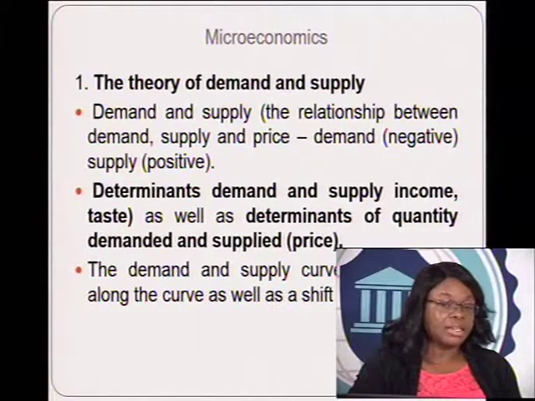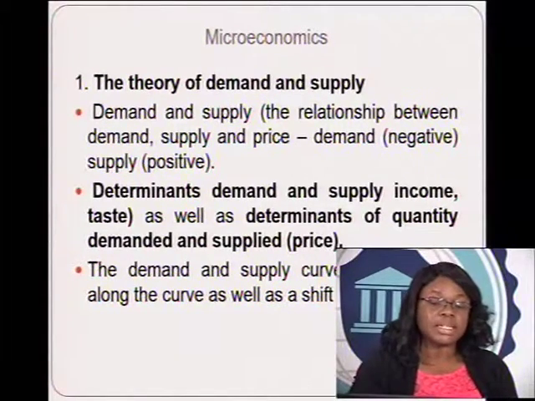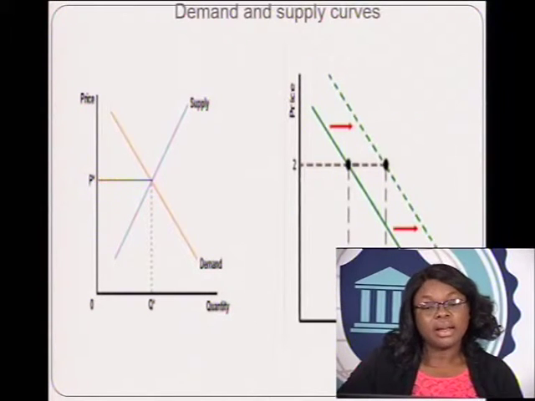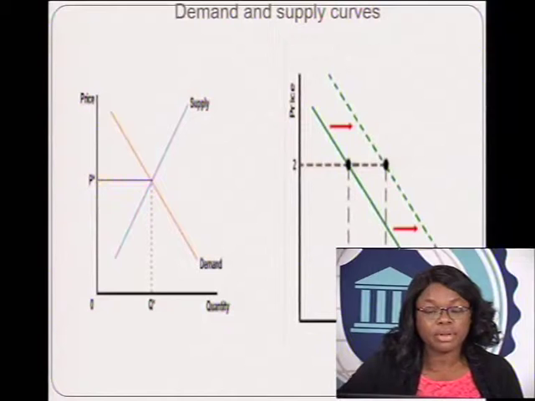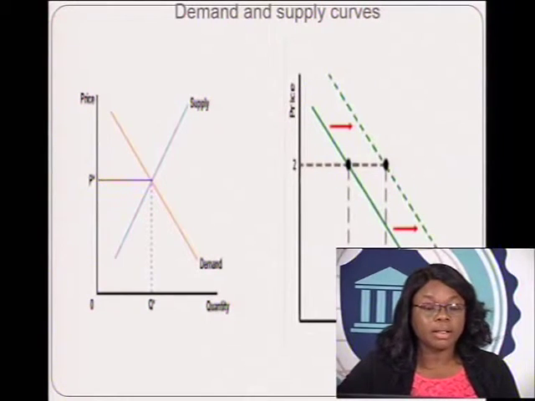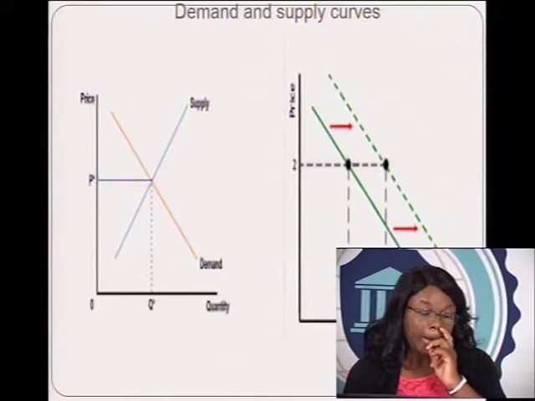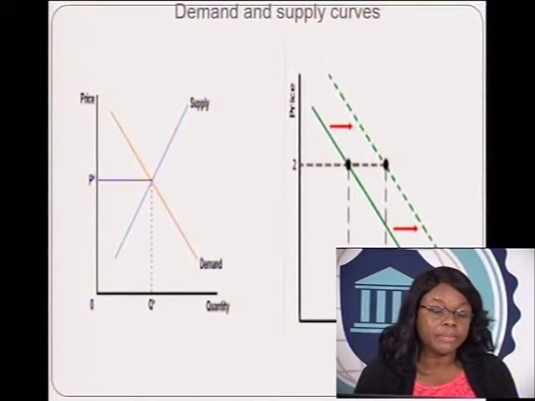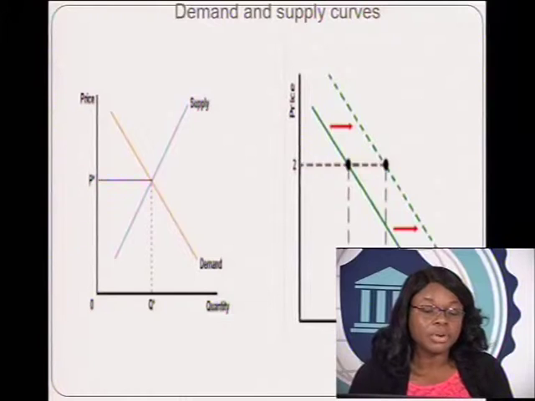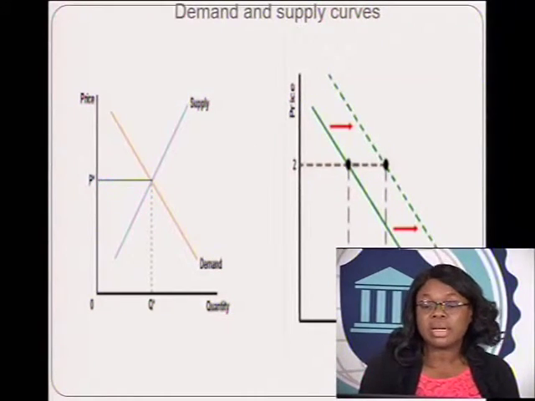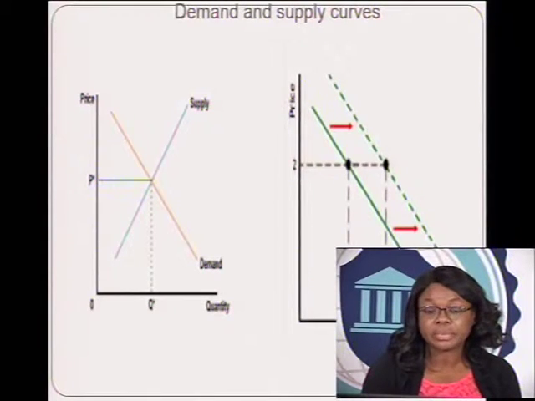But on the other hand, we have shifts of the demand and the supply curves. Like you can see in this diagram on the screen, on the left we see demand and supply combined, price and quantity. Q star is equilibrium quantity, P star is equilibrium price. That is when demand is equal to supply.